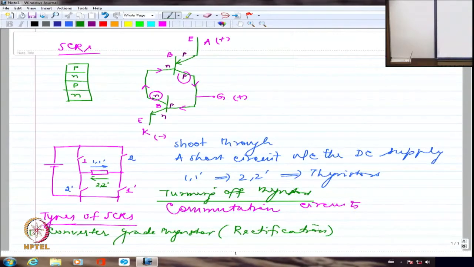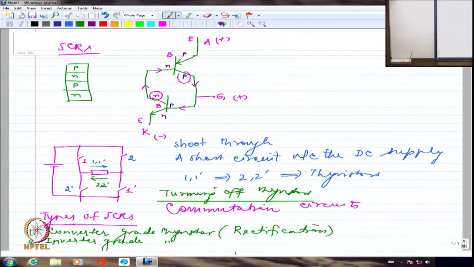So converter grade thyristors are generally used for rectifier operation, whereas there are inverter grade thyristors. Inverter grade thyristors are generally used in those circuits where I may do DC to AC conversion.